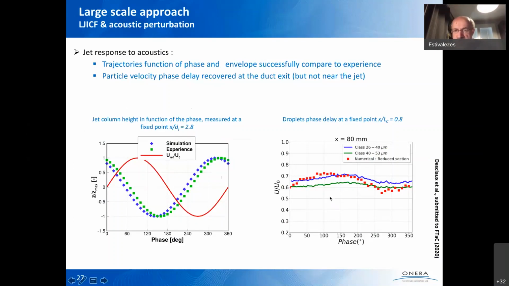Here again, we can see that we have a quite good agreement with the simulation. But again, in this case, we impose the size of the droplets. Okay, so our next work now is to really try to input a new LES-like model for this liquid gas interaction.